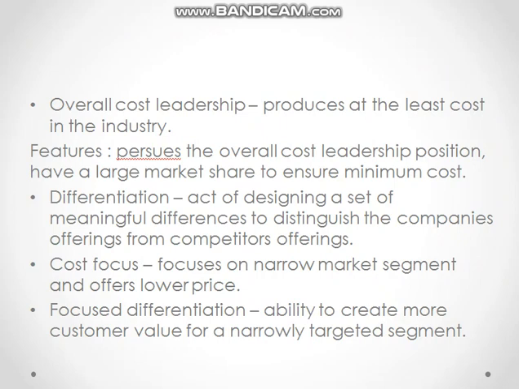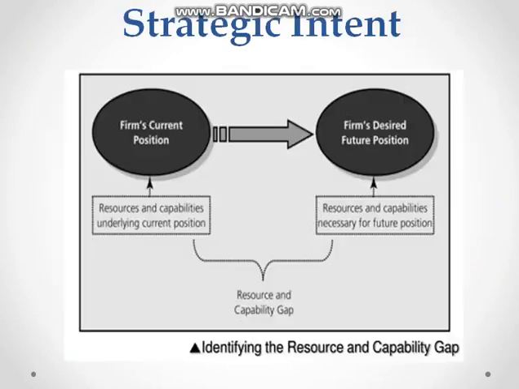The act of designing a set of meaningful differences to distinguish the company's offerings from competitors' offerings. Fourth one is cost focus. It focuses on a narrow market segment and offers low price. Focused differentiation: the ability to create more customer value for a narrowly targeted segment.